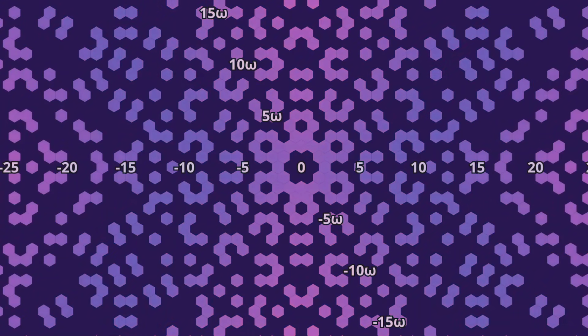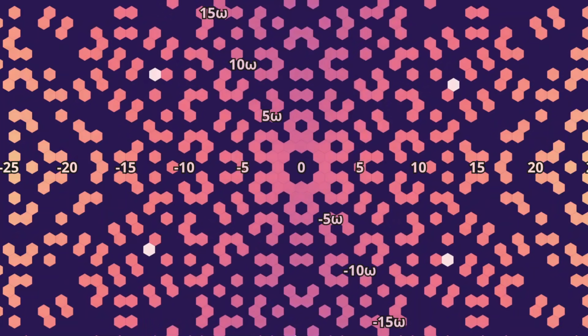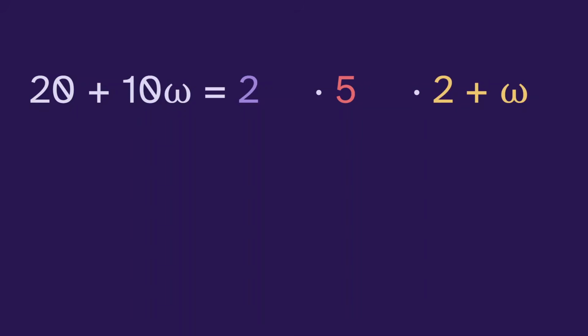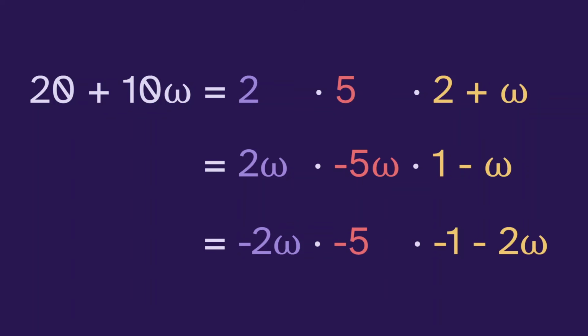Now, why do we care about the prime numbers? Well, one of the main uses of prime numbers is giving a prime factorization. So here we see 20 plus 10 omega has the prime factorization of 2 times 5 times 2 plus omega. Now it also has a prime factorization 2 omega times negative 5 omega times 1 minus omega, and it also has this other prime factorization.